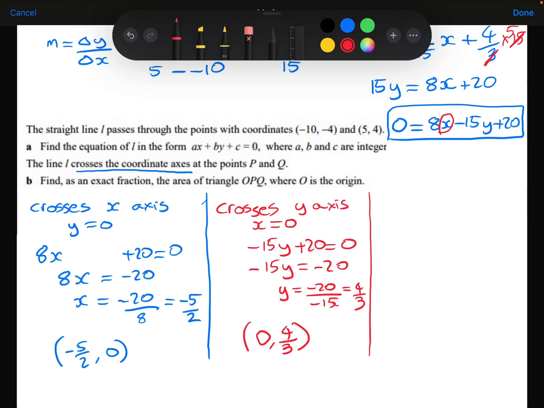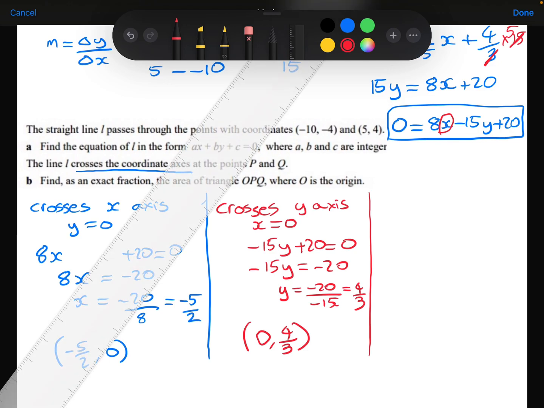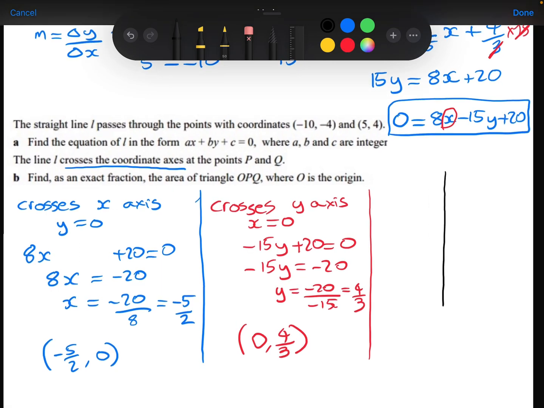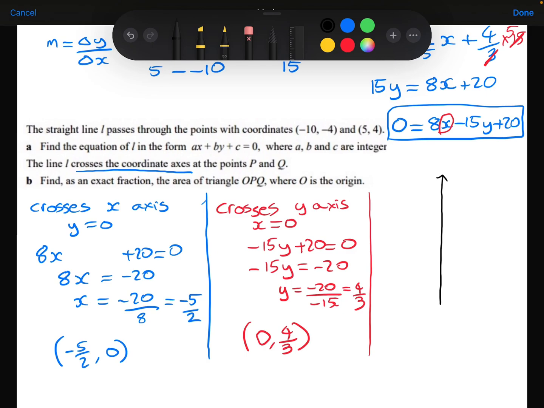Right, now the area of this triangle. To help me visualise this, let me just draw a very quick rough sketch of what's happening here, and then hopefully it'll be easy for me to say what the area of this triangle is going to be. So the point O is here obviously. Then we've got the point minus 5 over 2, 0, so I'll put that there.